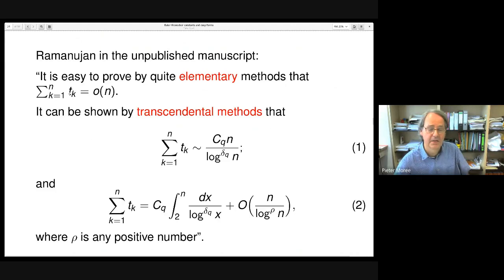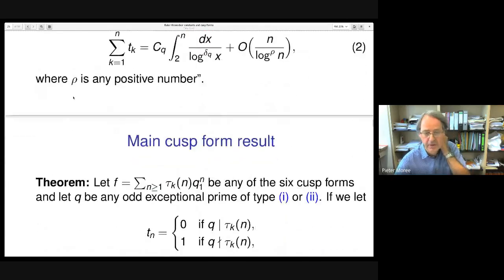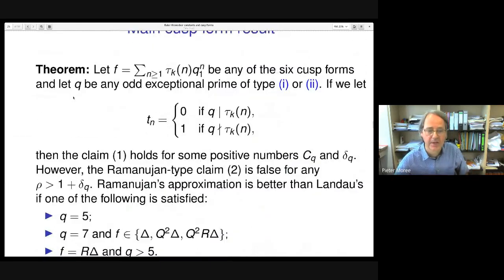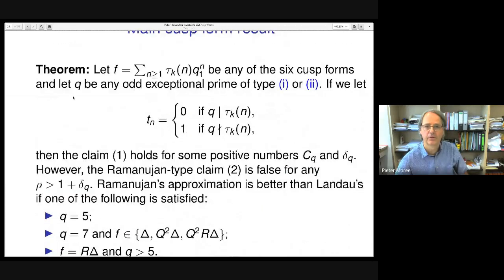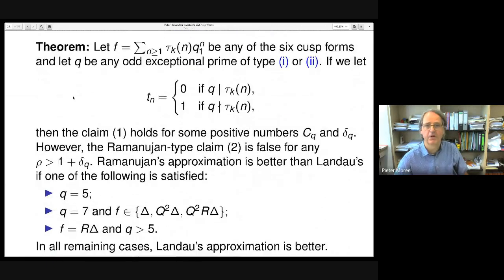So basically it's the indicator function for the non-divisibility, and so this was the statement, and our main result then is that we classified. So this is the main result, that we classified for all those 6 cusp forms whether the Ramanujan approximation is better than the Landau approximation.